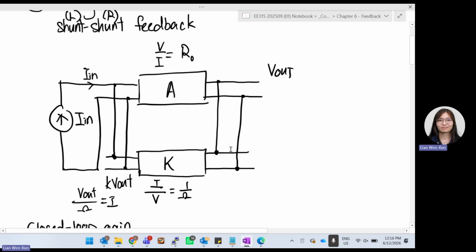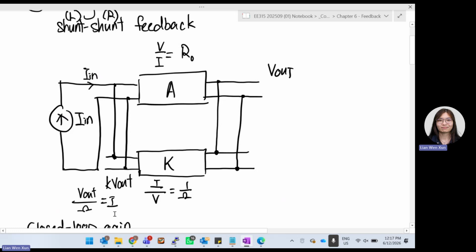This amplifier's output is voltage and input is current, so it's V over I, and the gain is basically R. Then after K, it is always K times Vout. K's output is current and K's input is voltage, so I over V is just 1 over ohm.